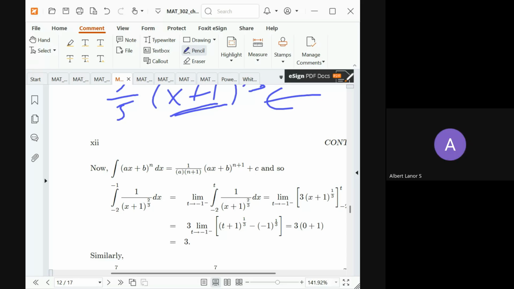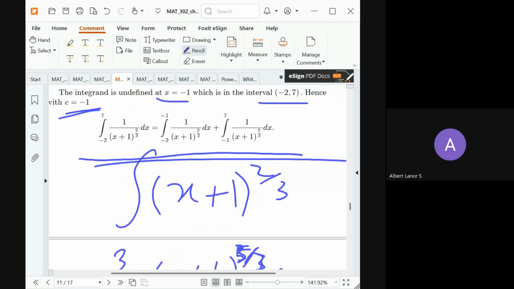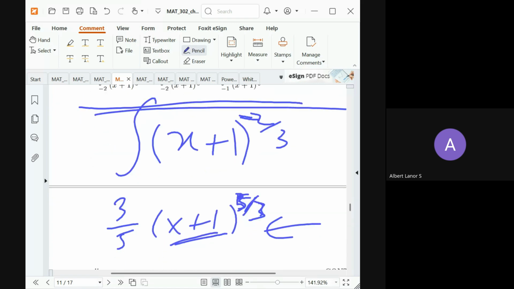Oh, okay. It's negative, sorry. It should be negative, yes, because it's in the denominator. So when you add 1 to the negative power, you're going to get 1 over 3, and this is going to be 3.